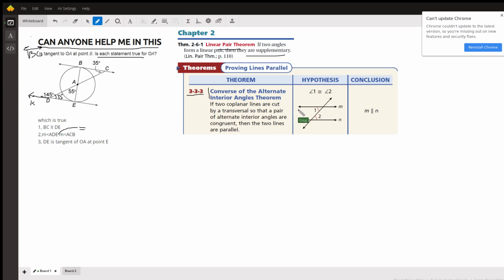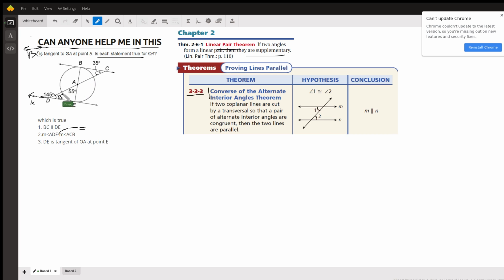But the idea is if you've got two lines in this diagram, M and N, cut by a transversal such that alternate interior angles are congruent or have the same measure, then you can conclude that M is parallel to N. And in this diagram, we can say that ADE is congruent to ACB because it's given information in the fact that this is a linear pair.